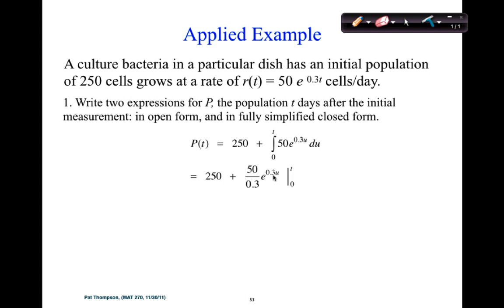But then we need a 1 over 0.3, right? We need a 1 over 0.3, and the 50 comes along for the ride. So I'll let you stare at that, the antiderivative of that rate right there, and ask me if I lost you. The 50 over 0.3 e to the 0.3u. Does it make sense? Can you get that?